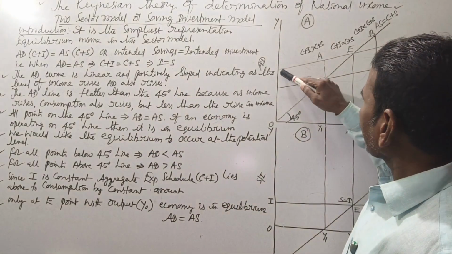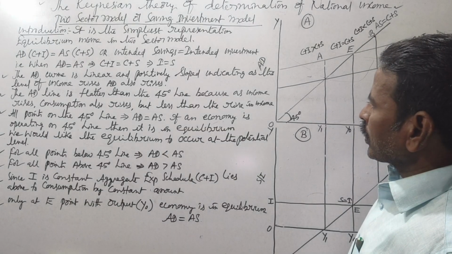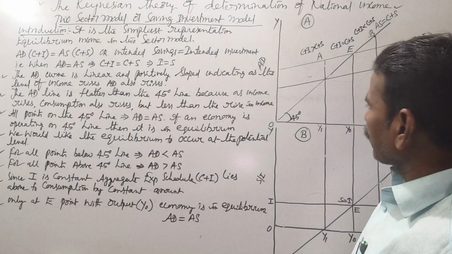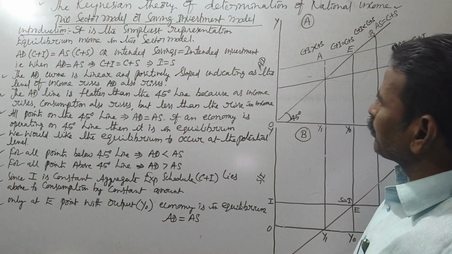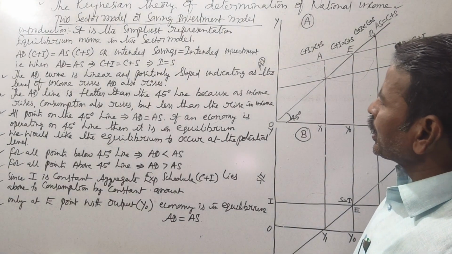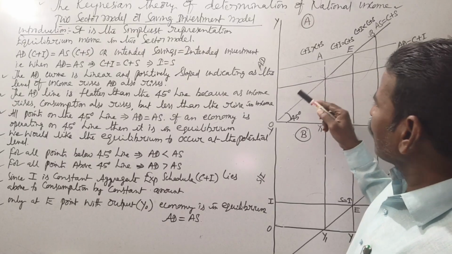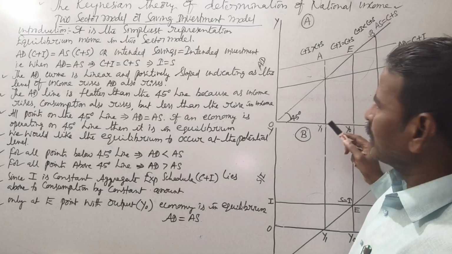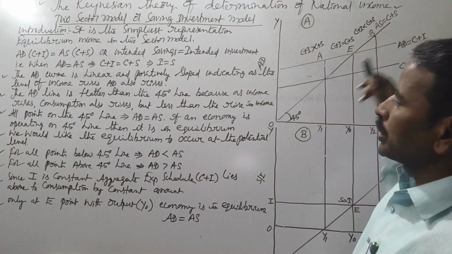This is the aggregate demand line or aggregate demand curve. Linear means a straight line, and positively sloped means that as the level of income increases, aggregate demand also increases.